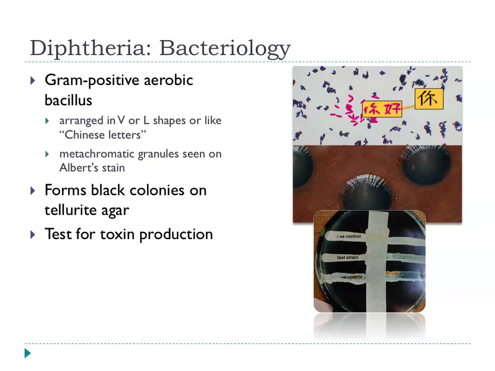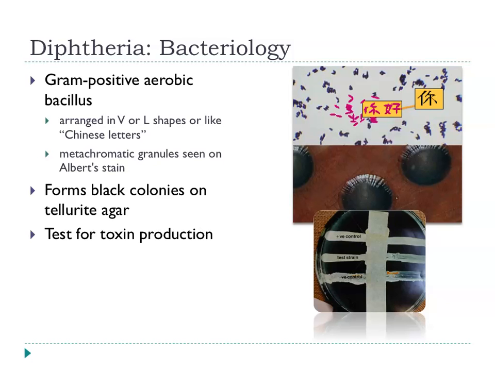The other thing that we do, certainly used to do in the old days before we had molecular methods, was to test for the toxin. And the gold standard for this was doing it in a guinea pig, where you inject an extract from the bacterium and you see if the guinea pig gets a diphtheria-like illness.